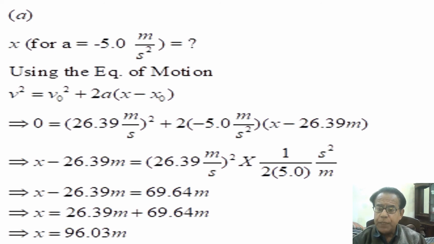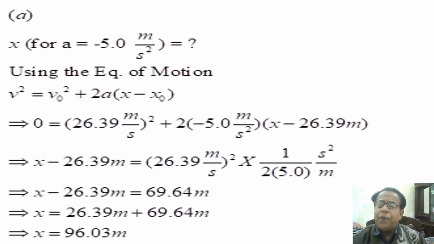Here, when we keep x minus 26.39 meter on one side, then 2 into minus 5.0 meter per second square will become positive, because it is in negative sign, and moreover it will be inverted.